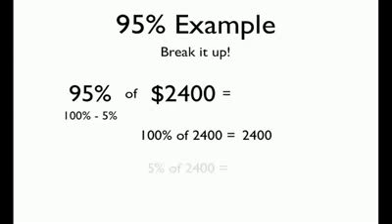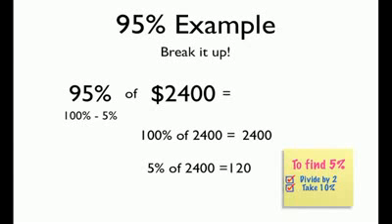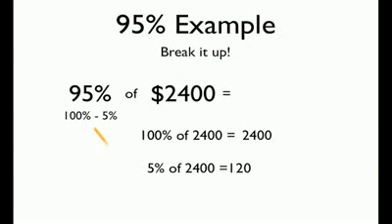To find 5%, we're going to remember back to our previous lesson where we divide by 2 and take 10%. So dividing by 2 gives us 1200, and then taking 10% gives us 120. Now, we broke it up, so we have to put it back together. 100% minus 5%, 2400 minus 120, to give us our final answer of 2,280.